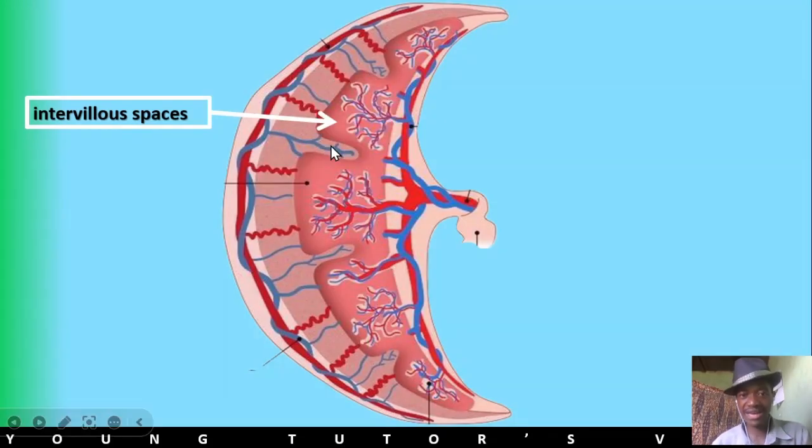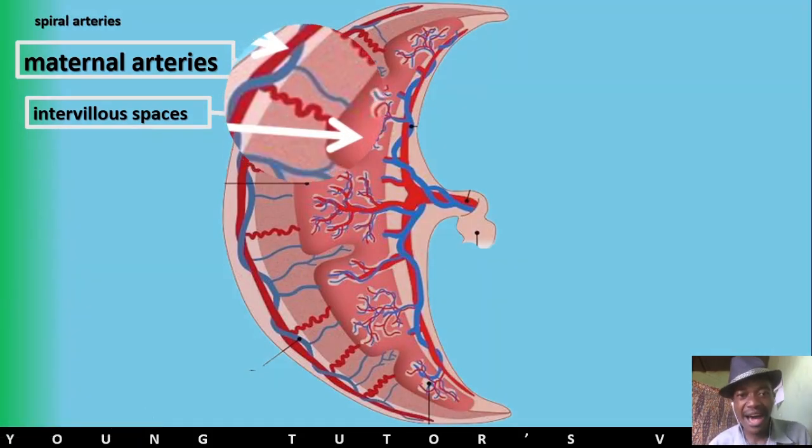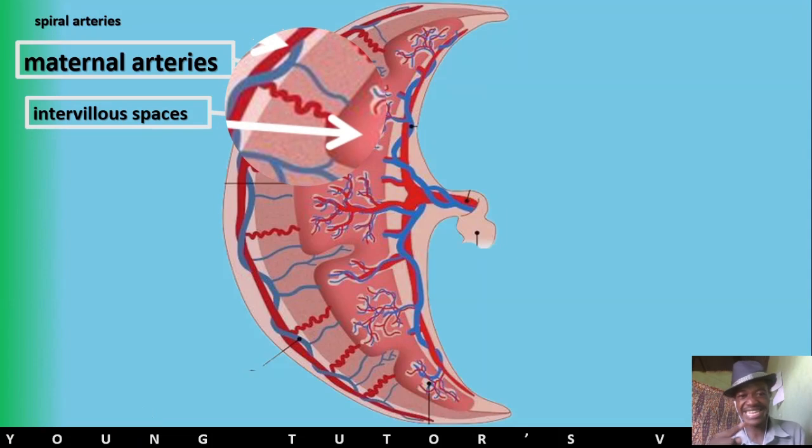So these intervillar spaces are going to be filled with maternal blood by the maternal arteries. Those maternal arteries are pouring blood in the intervillar spaces through those small tortuous arteries that are called spiral arteries. So spiral arteries are those in red in a curvy manner.